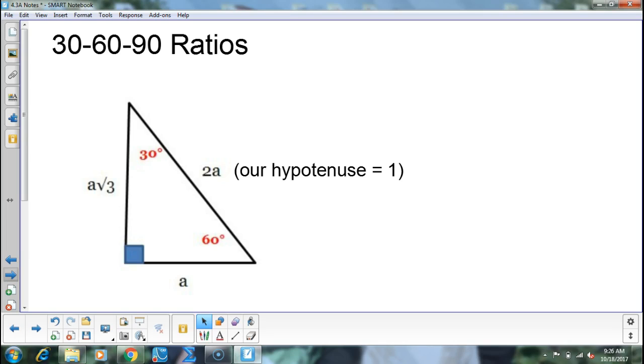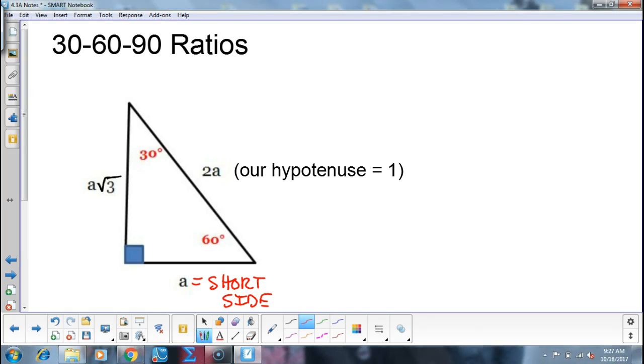In the 30, 60, 90 relationships, your short side is across from the small angle, and your long side is across from your 60-degree angle.